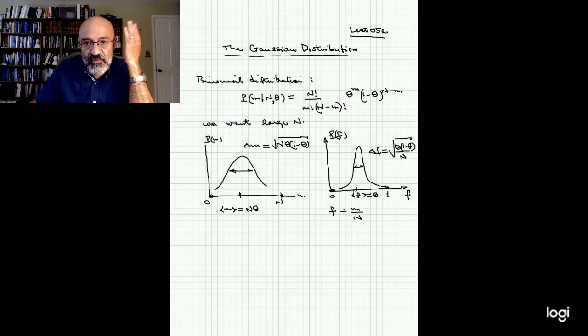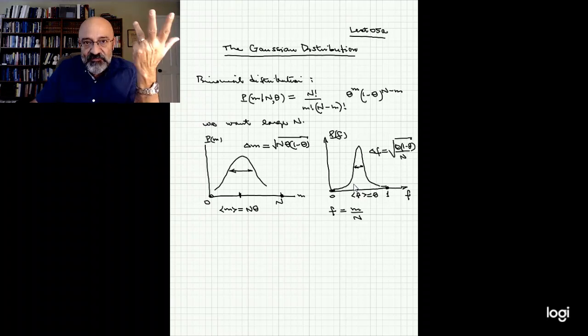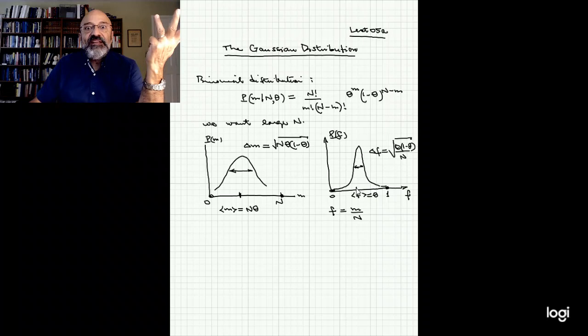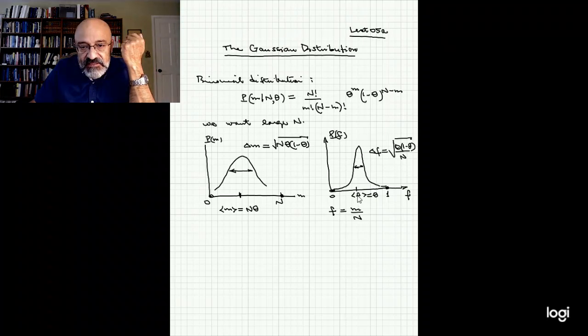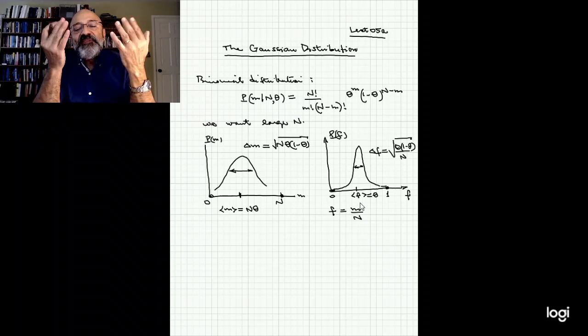Now, whenever you want to approximate a function in a tiny region, the recipe is you use a Taylor expansion. Just expand about where the maximum happens, about the mean. Now, that's fine.